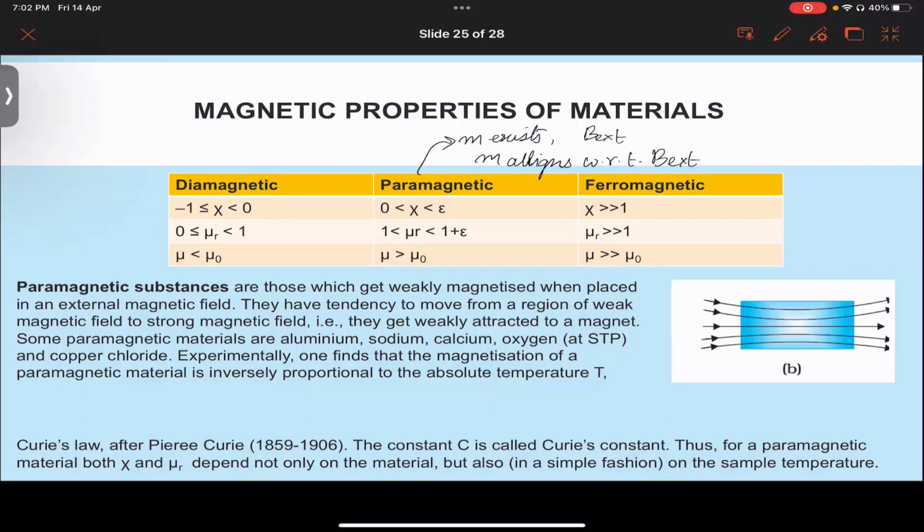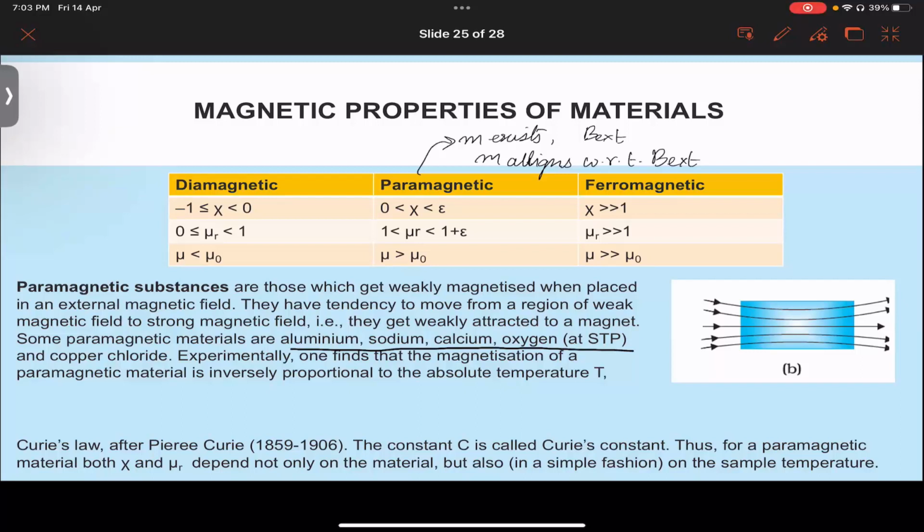If the applied field is non-uniform, then the bar magnet made up of the paramagnetic material is going to move from weak field to stronger field. Some materials are aluminium, sodium, calcium, oxygen at standard temperature and pressure, and also copper chloride as a molecule.